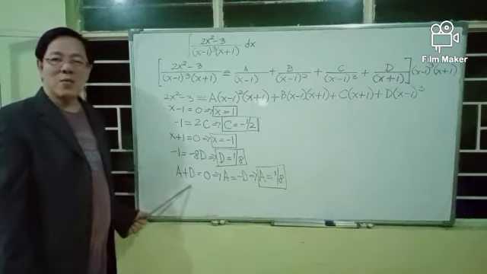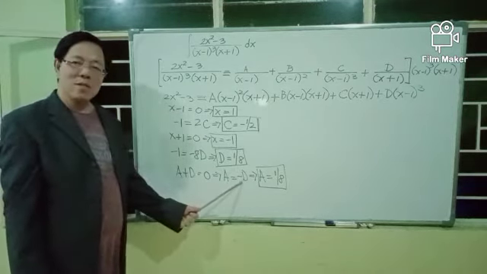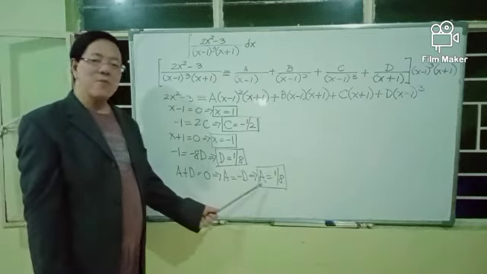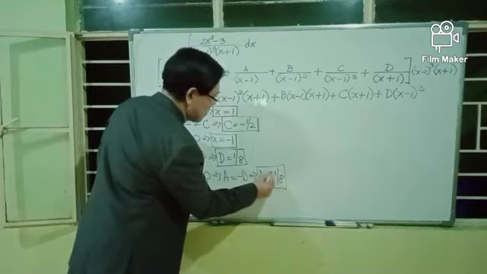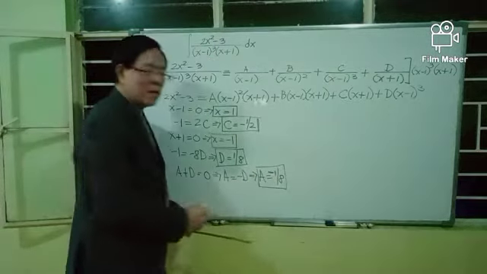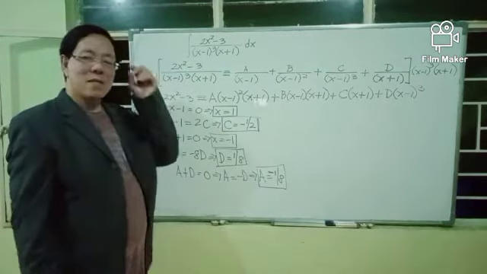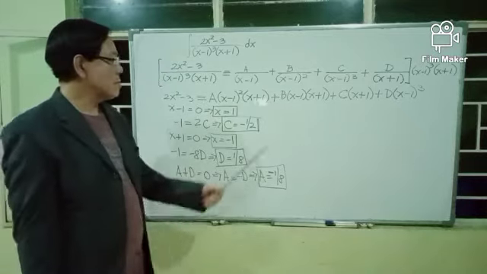From this equation, we transpose positive D to the right-hand side, we get minus D. A equals minus D, but D is 1 over 8. Therefore, A equals negative 1 over 8.